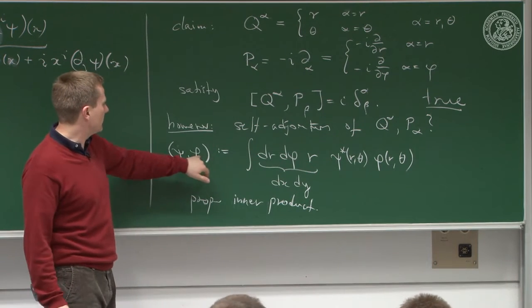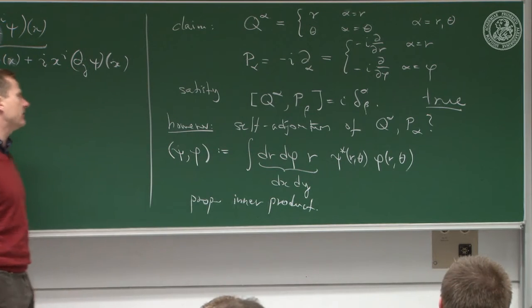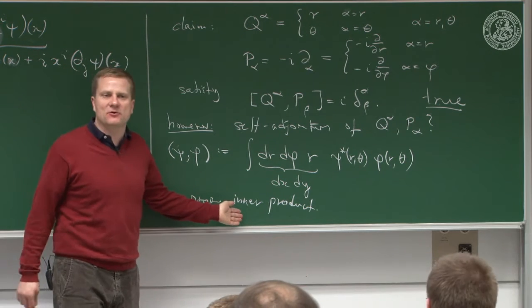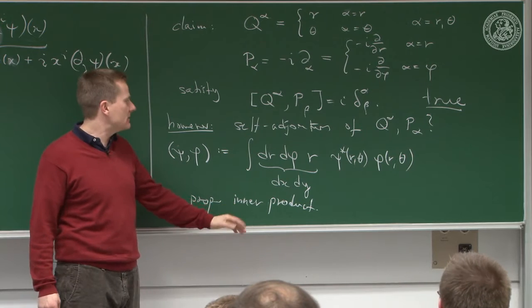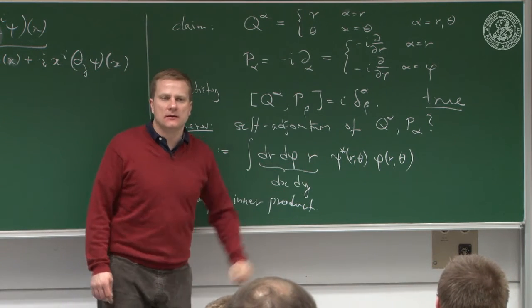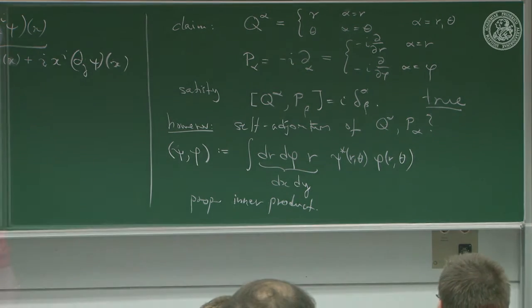You see, here we're not talking about coordinates. Here we're using the representation, the abstract wave functions. It's exactly the same integral as the one for the inner product I wrote down before. It must be a proper inner product. Nothing has happened because we legally changed coordinates. So still, everything seems to work quite fine.